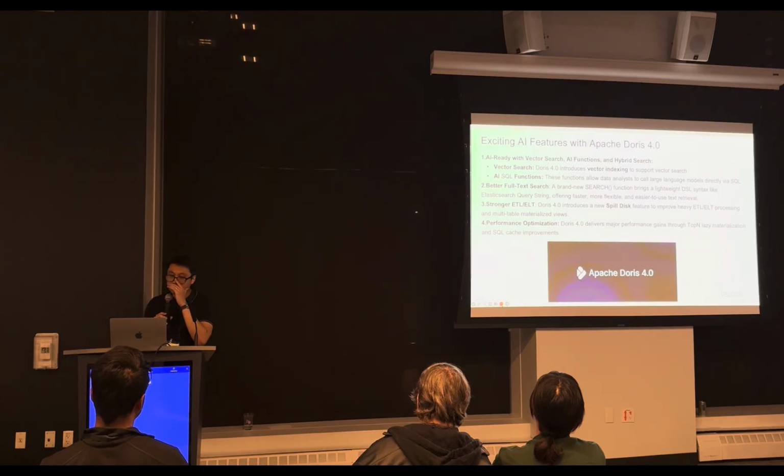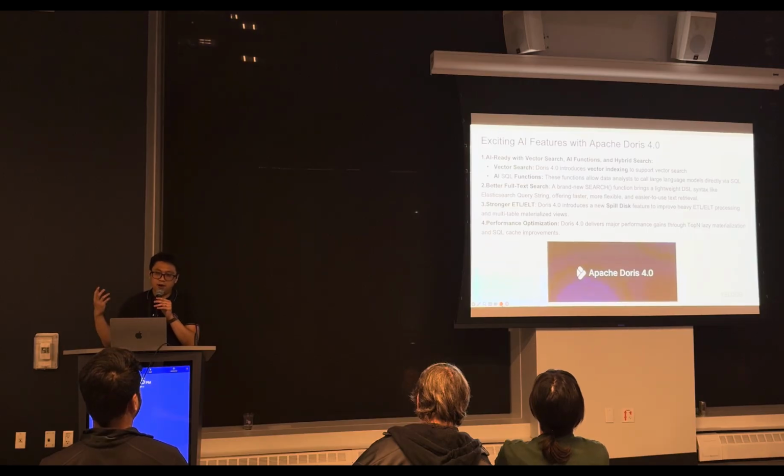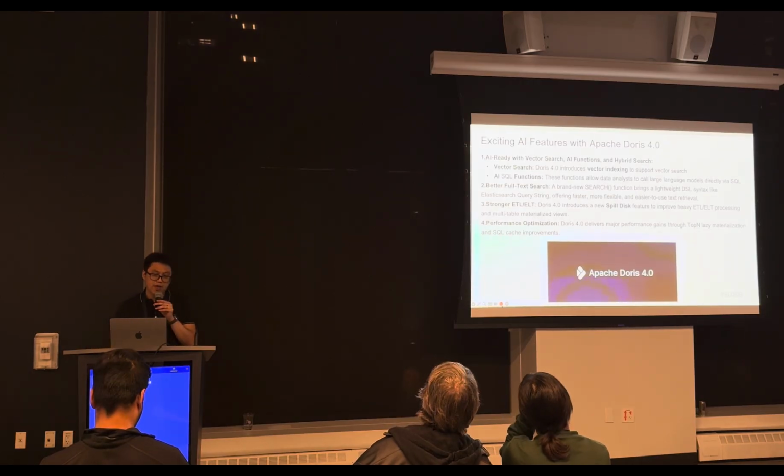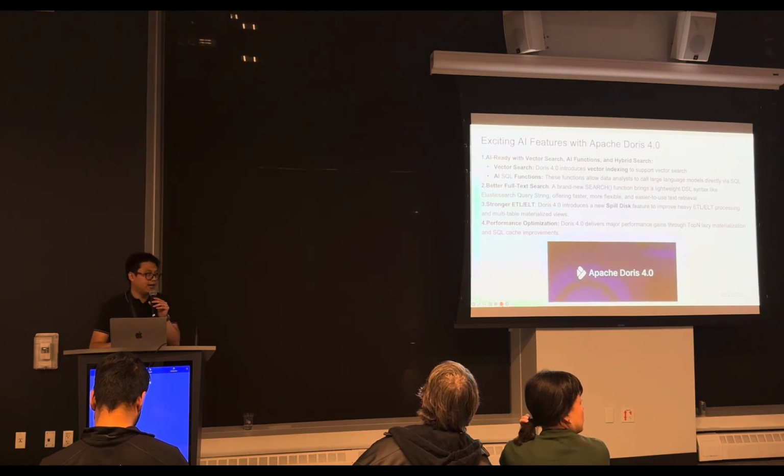So the first thing that we're releasing with Apache Doris 4.0 is vector indexing. This is the hierarchical navigable small world index, where we're able to provide much higher QPS compared to before without the additional vector indexing. We also release a whole slew of AI SQL functions.